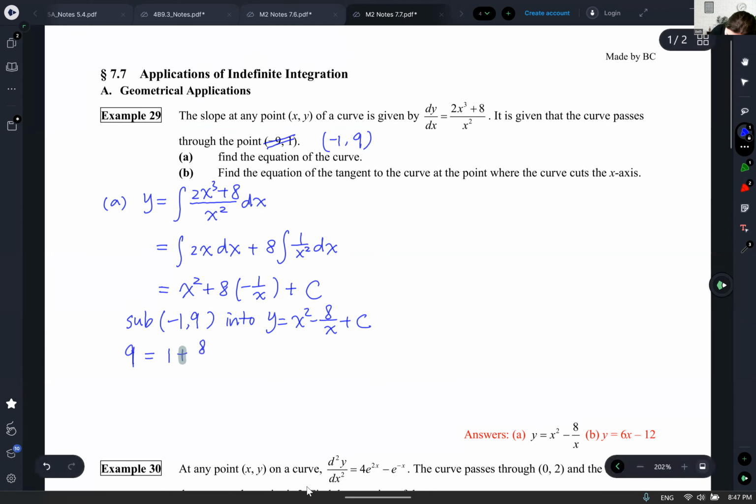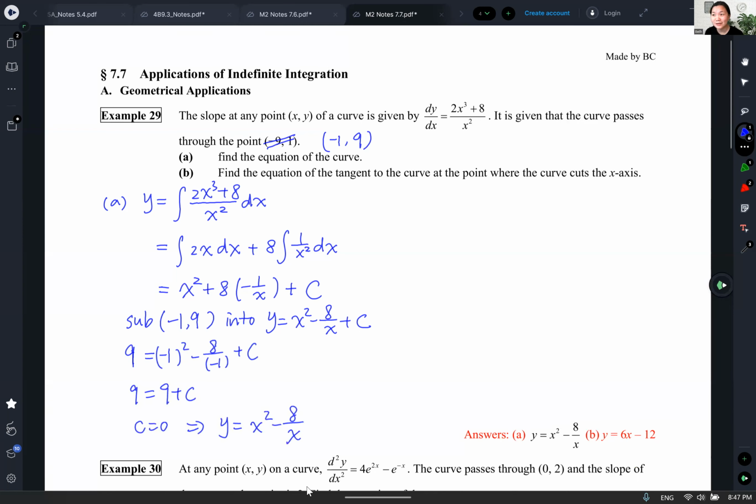So C equals 0, because I looked at the answer. Okay. And that means you have found the curve. But do not assume that C equals 0 or anything.